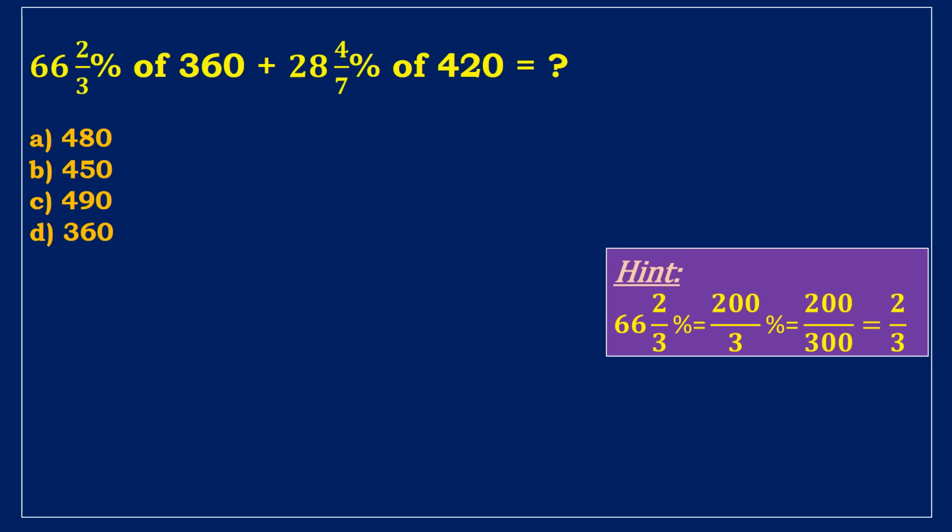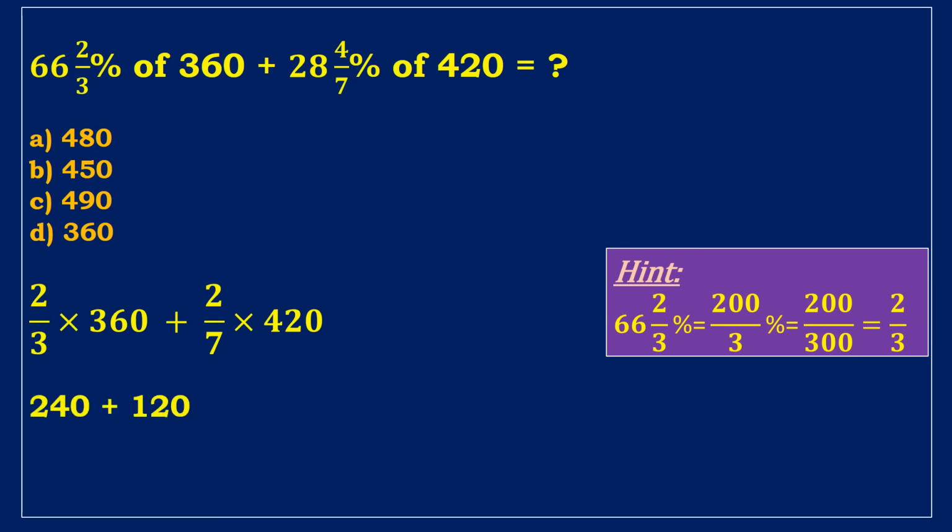We can say that 28 4/7% is 2 by 7. 2 by 3 into 360 and 2 by 7 into 420 becomes 240 and 120 respectively. The sum of these values is the final result, which is 360.